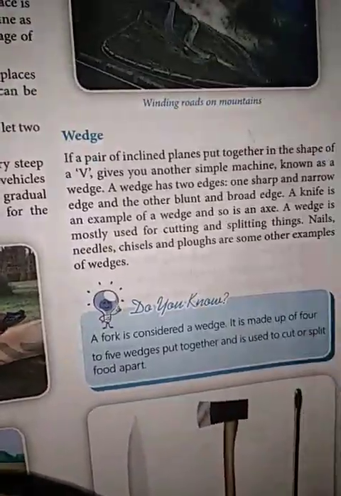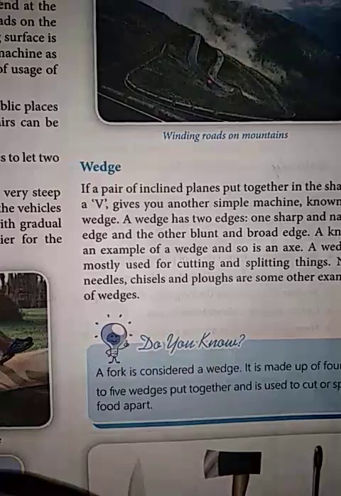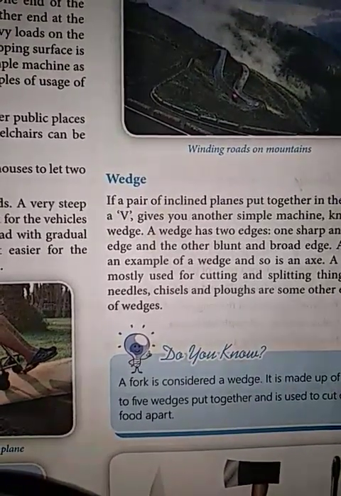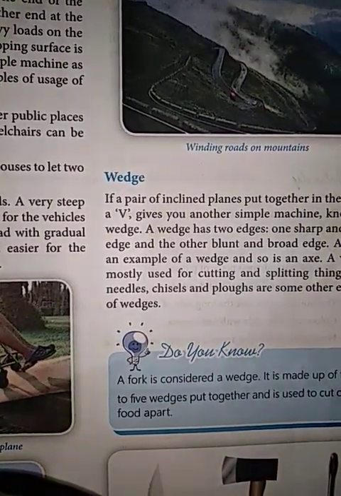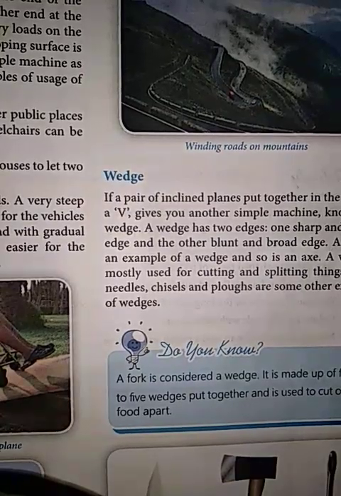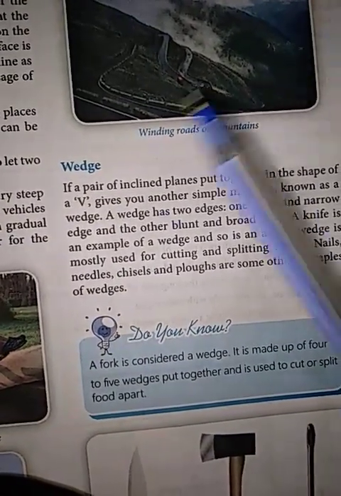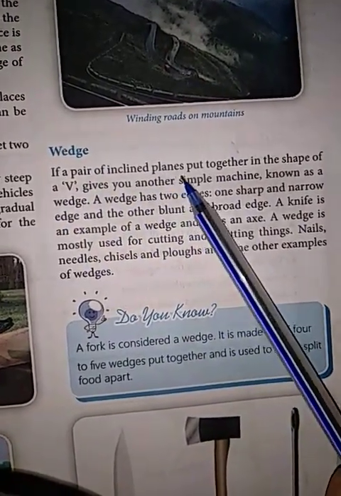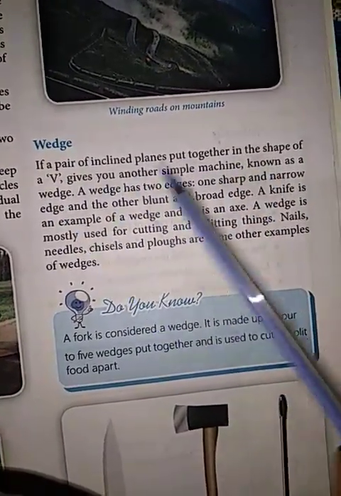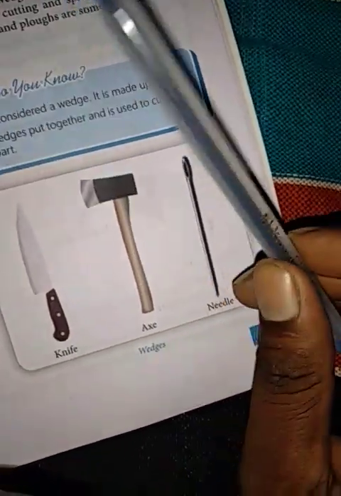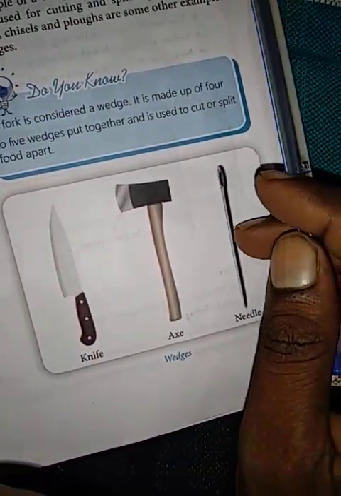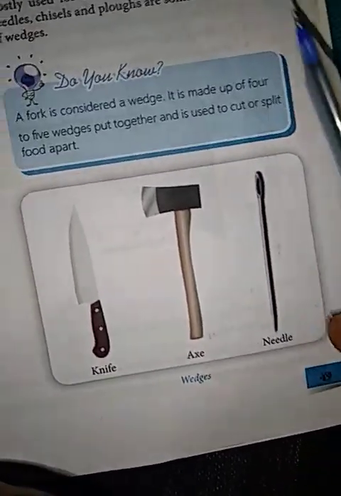Now another simple machine is the wedge. A pair of inclined planes put together in the shape of a V gives you another simple machine known as a wedge.